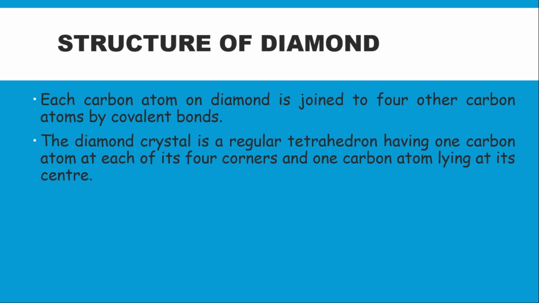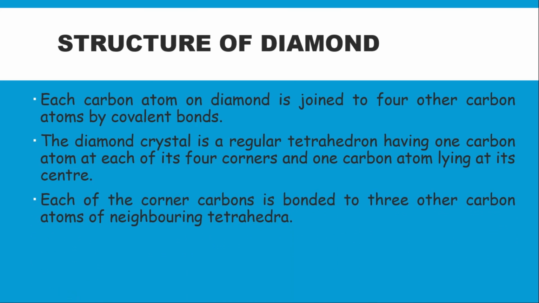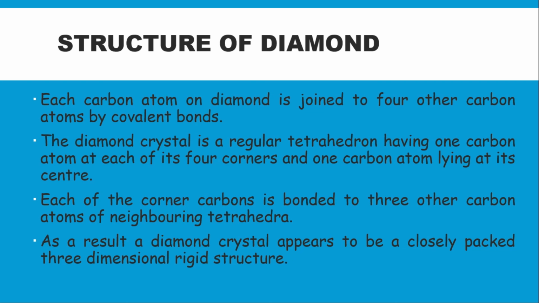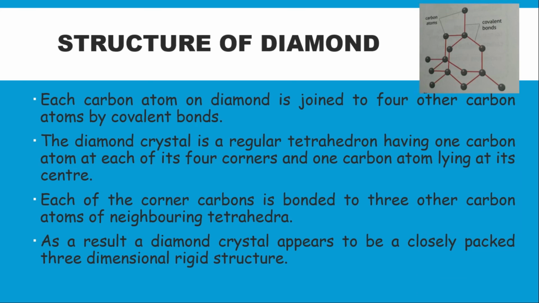So there is one in the center and four attached to it, and each carbon at the corner is further attached to three more carbon atoms and so on. As a result, it forms a crystal which appears to be closely packed with a three-dimensional 3D structure, something like this. And it is because of this particular arrangement of carbon atoms that the diamond is extremely stable and very hard to break. That is why we say that diamond is the hardest naturally occurring substance.